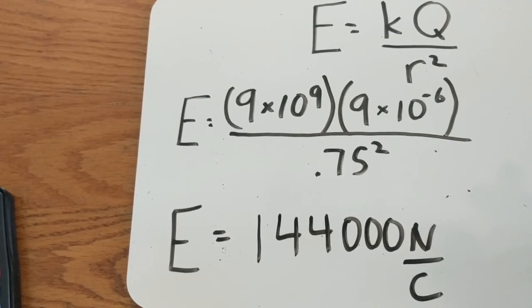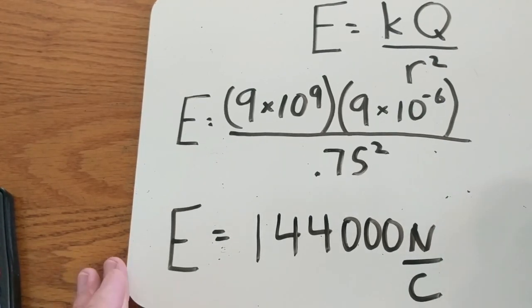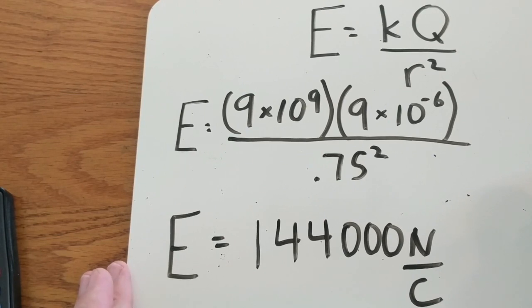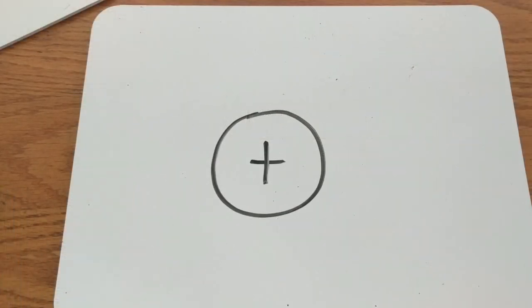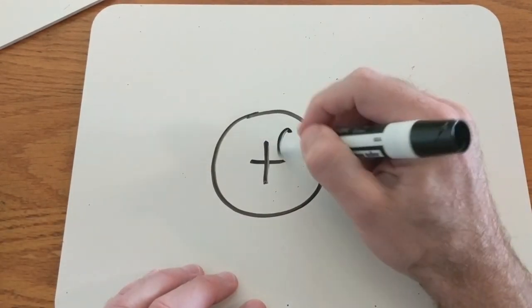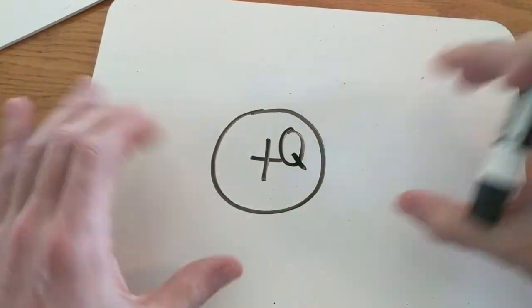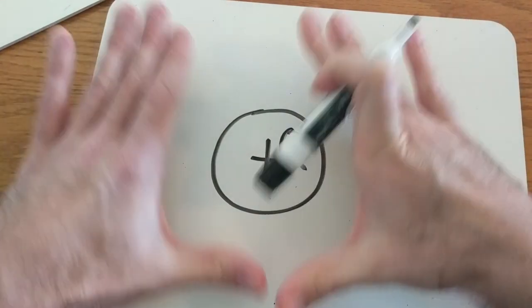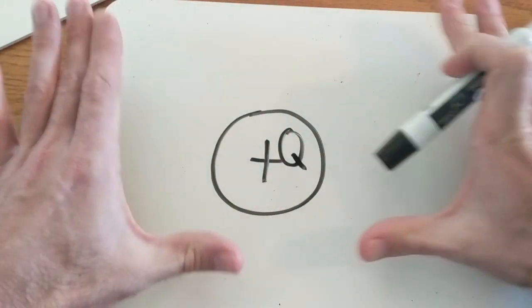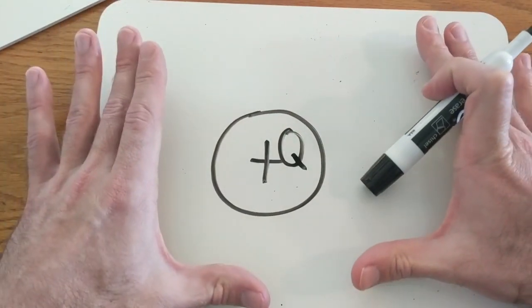Now we have to figure out the direction of the electric field, and that's another process. To figure out the direction of the electric field is very simple. We place an imaginary proton in a spot and see what would happen. So what does that look like? Here's our big Q, and our big Q is positive. This thing is sending out an electric field all over this white space here. But we want to know, what's the direction of that?